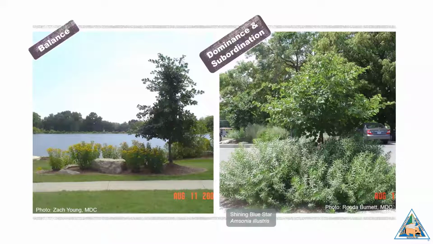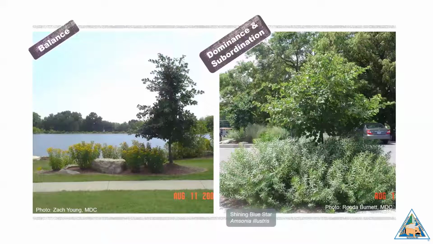So symmetrical balance is you basically have a mirror image in your bed of plants that create that feeling of balance, that feeling of visual equality. This photograph, though, is an example of asymmetrical balance. So we have one tall tree on the right side of the bed, but visually it is balanced by the mass of yellow flowers that fill in the rest of that bed.